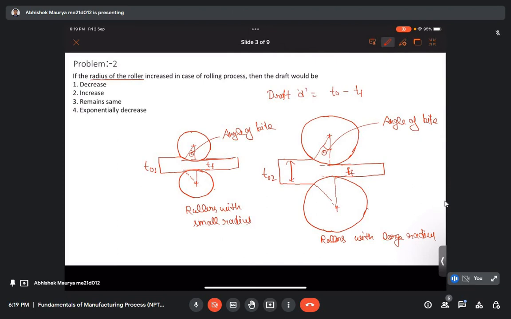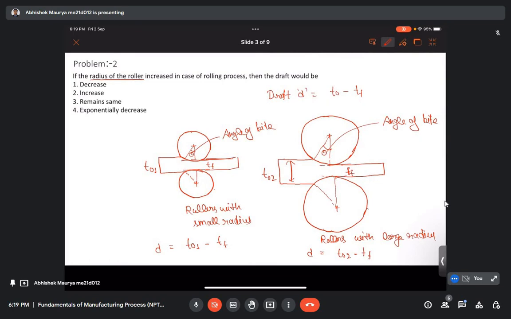Now let's try to calculate the draft for these two cases. So for the first case where we have smaller rollers, here we will calculate the draft. It will be equal to T01 minus TF, and here if we calculate the draft, minus TF.